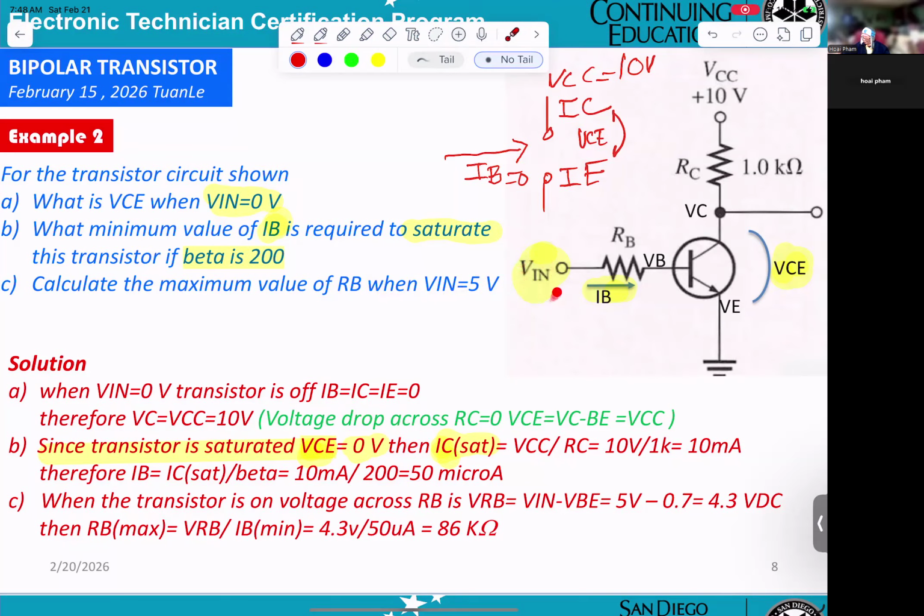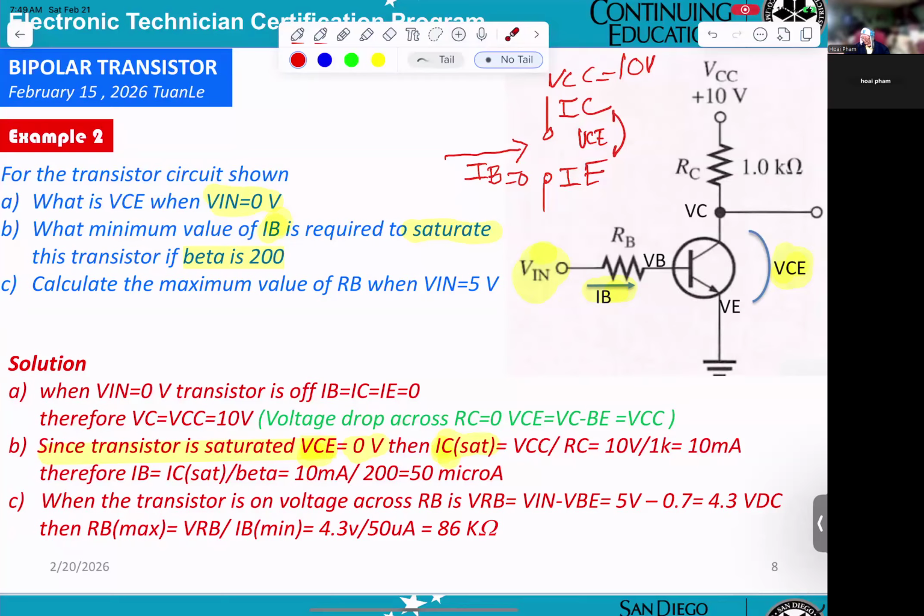When the transistor is on, the voltage across resistor RB, VRB, equals Vin 5 volt minus VBE 0.7 volt. You get 4.3 volt.